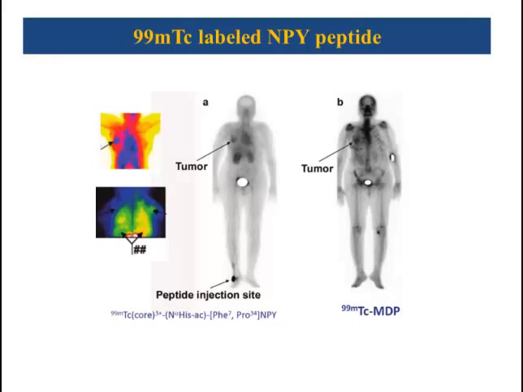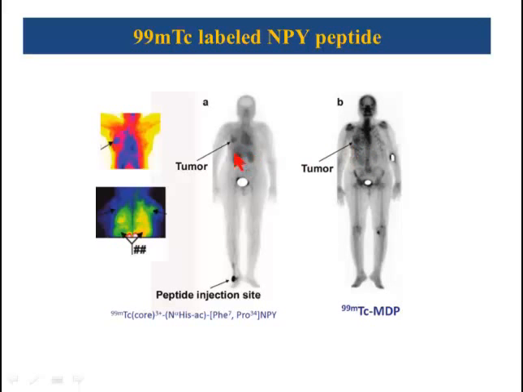So the new one, which is still under development, is a modified peptide. If you look at the right image, it is the MDP scan. And in most breast cancer patients, when you do MDP, you see just increased uptake in the affected breast.